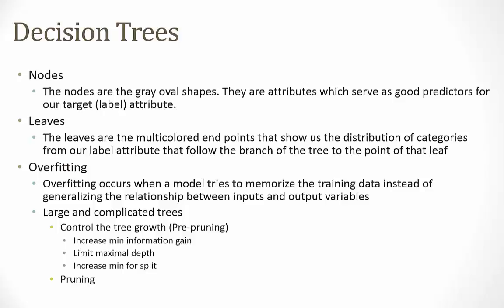However, as good as decision trees are, they face a very big problem, and that's called overfit. Overfitting happens when a model tries to memorize the training dataset instead of trying to learn and generalize from it. When you have an overfit model, it does really well on your training dataset.